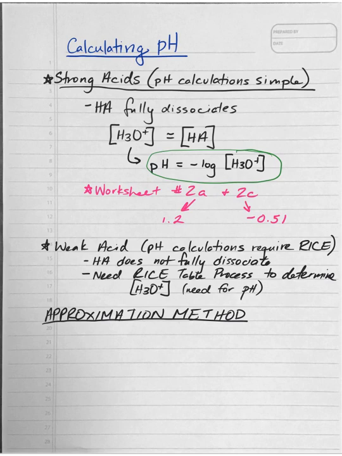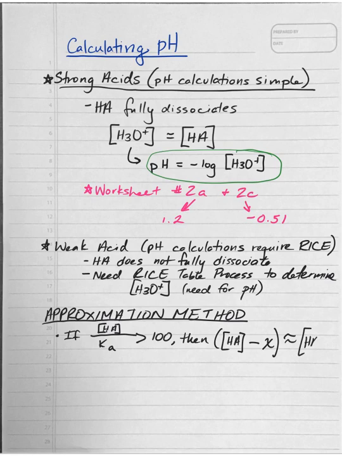So the approximation method tells us if the ratio of the concentration of the weak acid, HA, to the Ka value is greater than 100, then the HA concentration minus x is approximately the same thing as just the HA concentration.